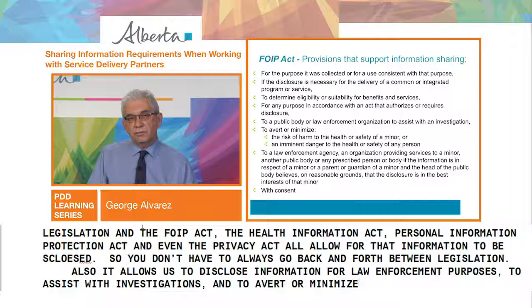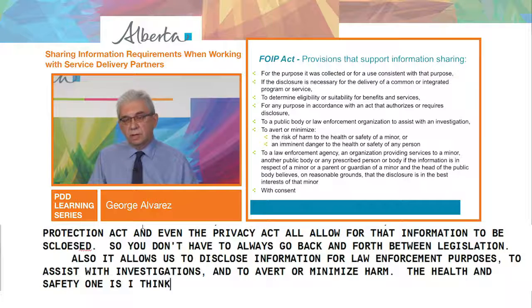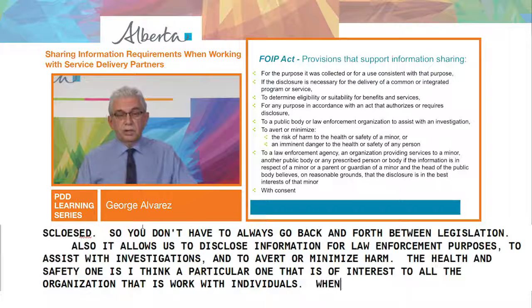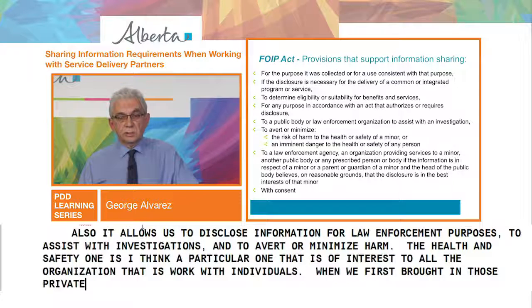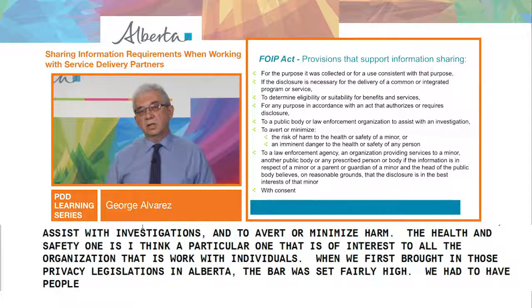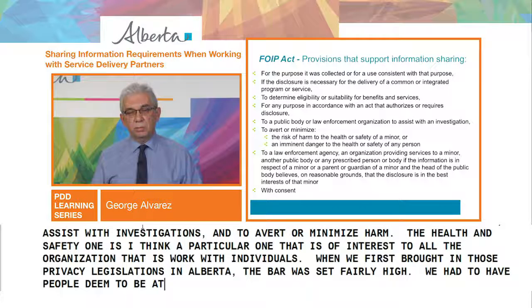The health and safety one is, I think, a particular one that is of interest to all organizations that work with individuals. When we first brought in those privacy legislations in Alberta, the bar was set fairly high. We had to have people deemed to be at imminent risk before information could be shared to avert that.